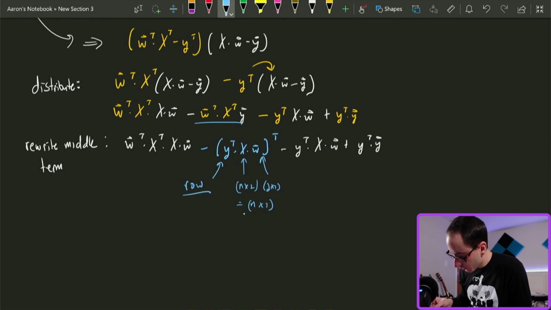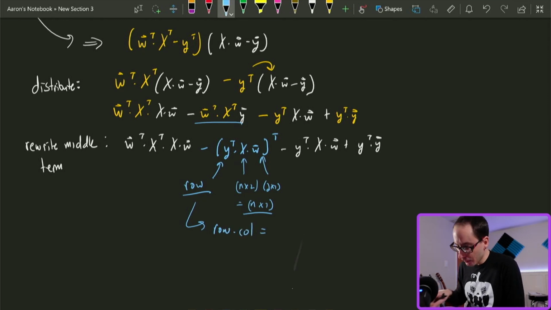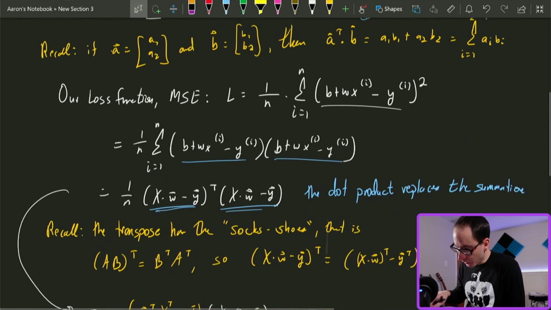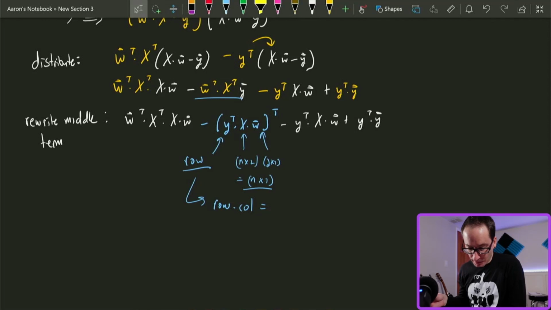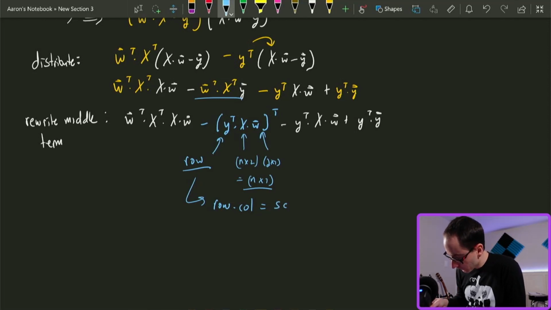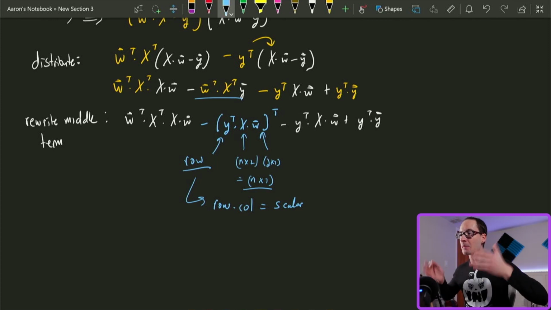So we have a row times a column vector, and a row dot column, which is what we pointed out earlier today, is a scalar. That's like a summation of those items. So this is a scalar, it's going to end up being a 1 by 1.